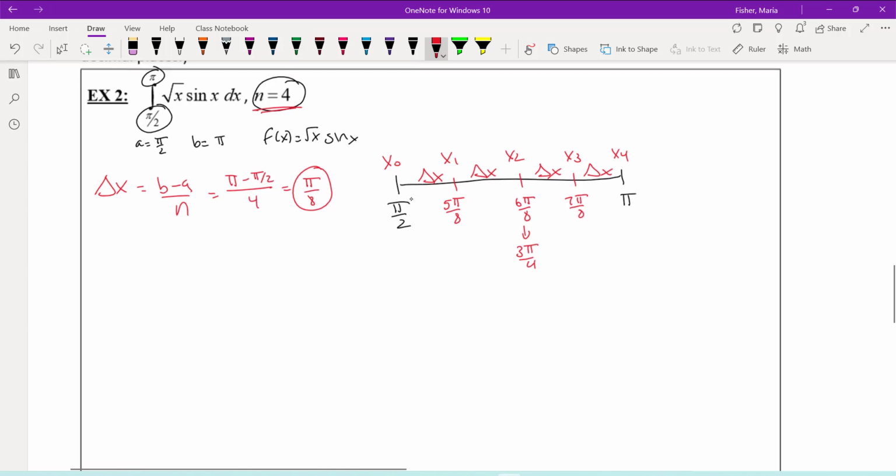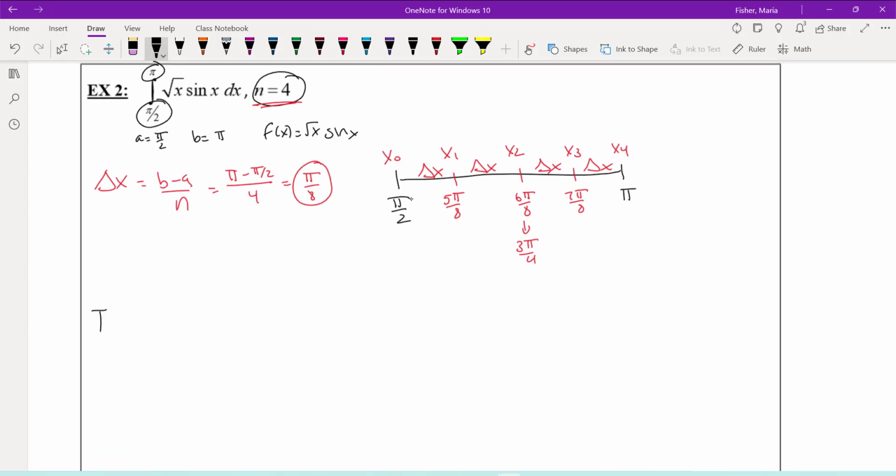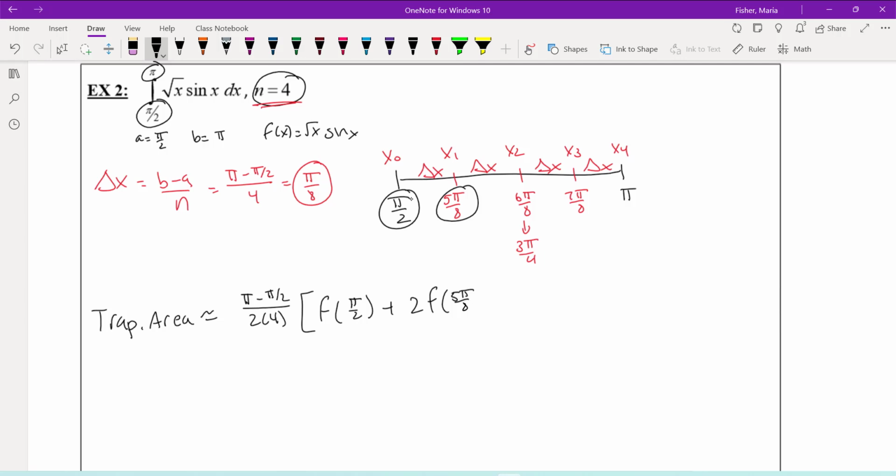Now we just need to put this into our formulas. So for the trapezoidal rule, we know that this is going to be approximately b minus a over 2n, so pi minus pi over 2 over 2 times 4, and then it's times f of pi over 2 plus 2 times f of 5 pi over 8 plus 2 times f of 3 pi over 4 plus 2 times f of 7 pi over 8 plus f of pi.